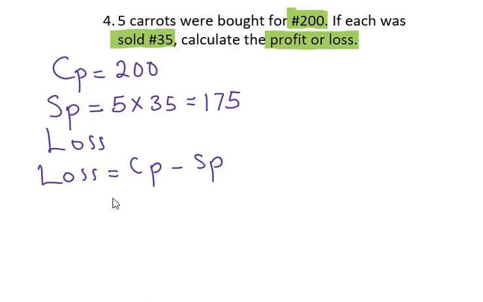Cost price is 200 minus selling price, 175. So loss becomes 200 minus 175, which is 25 naira. And that's just it. It's quite simple.